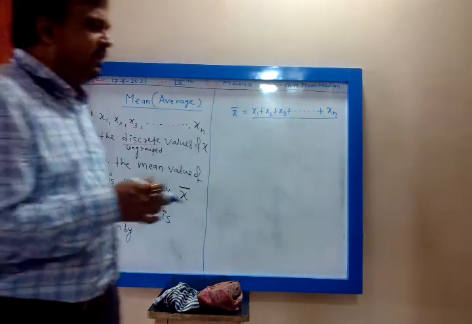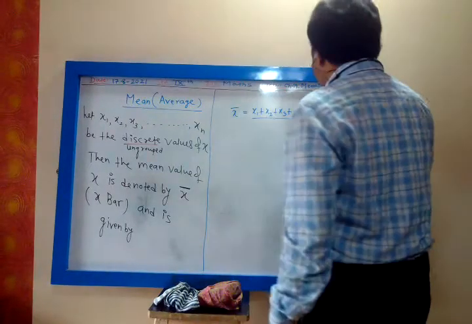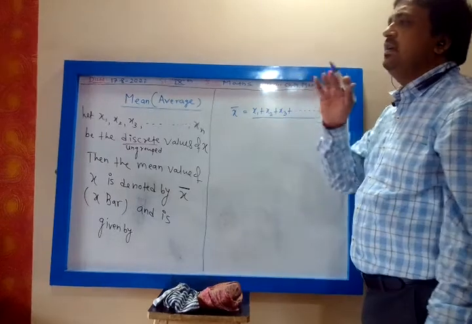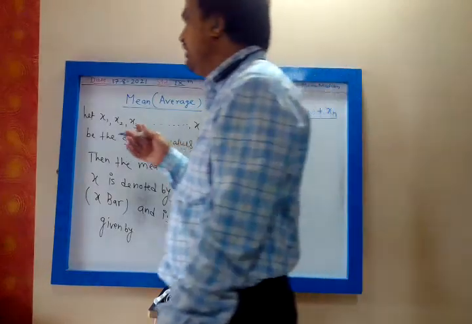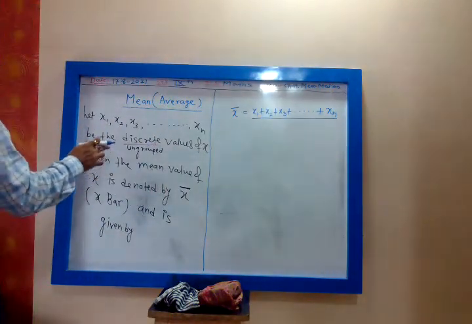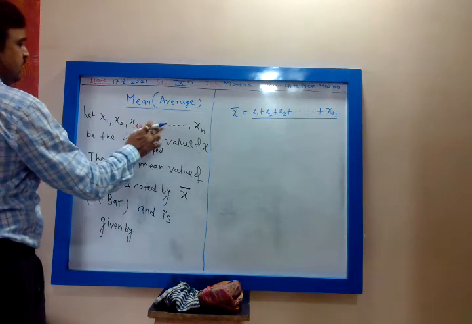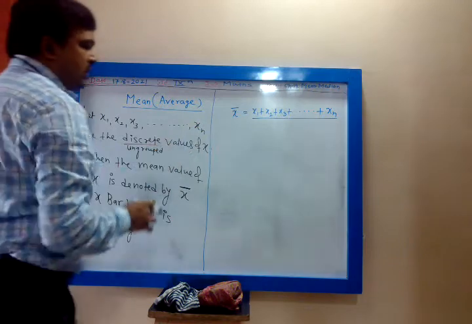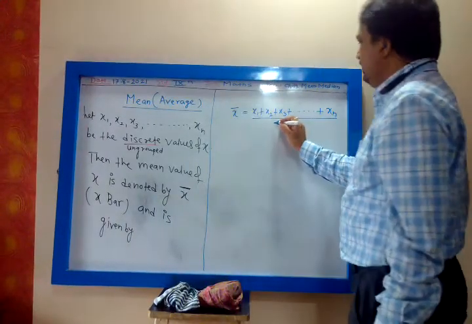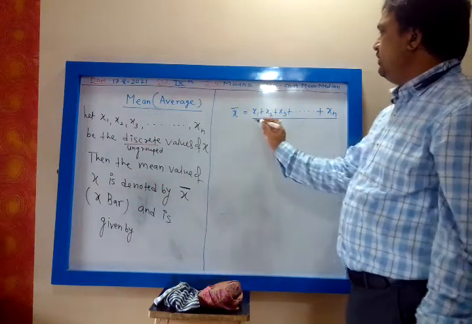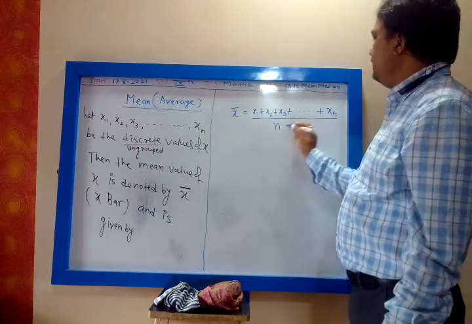After adding, whichever total you get, you divide this total by the total number of values given. How many values are given? 1, 2, 3, 4 up to n. So n is the number of values. So x bar is x1 plus x2 plus x3 up to xn divided by n.